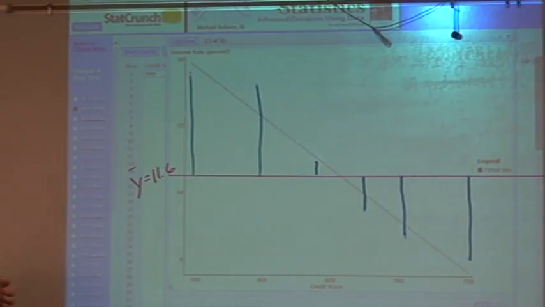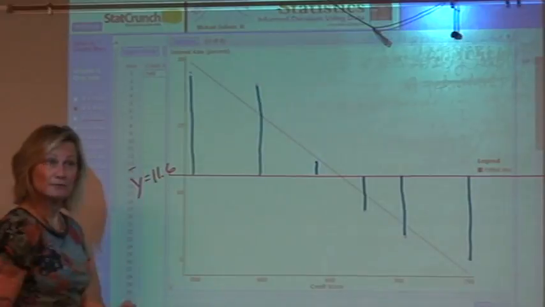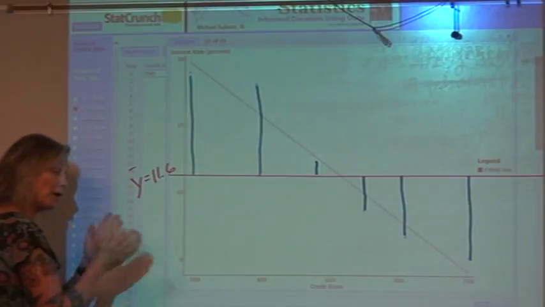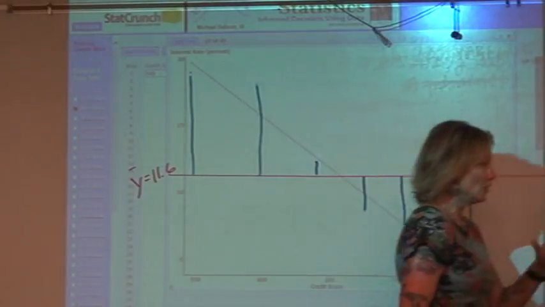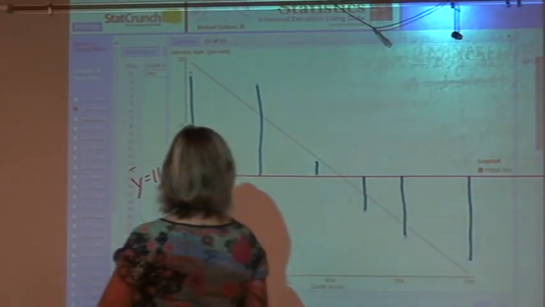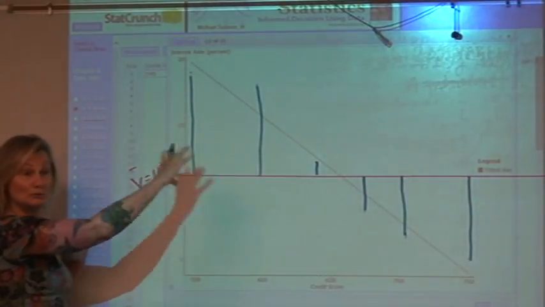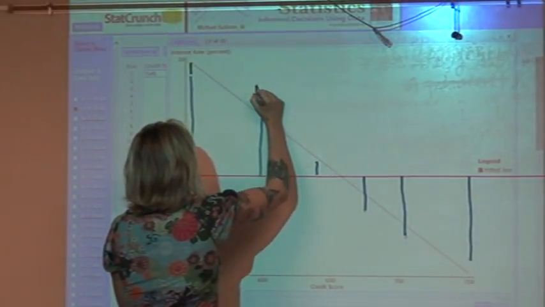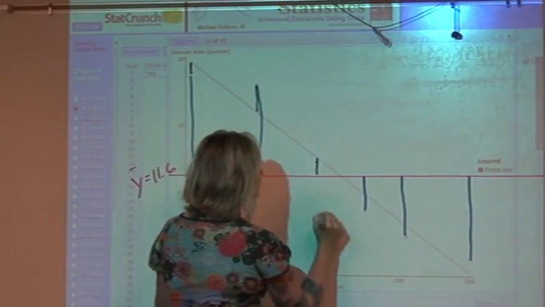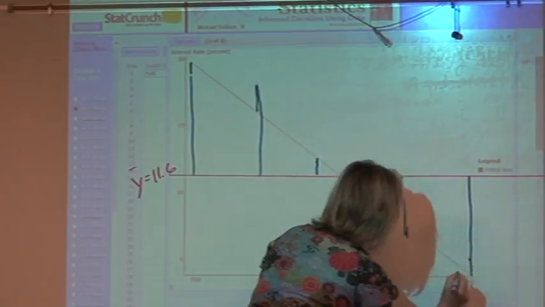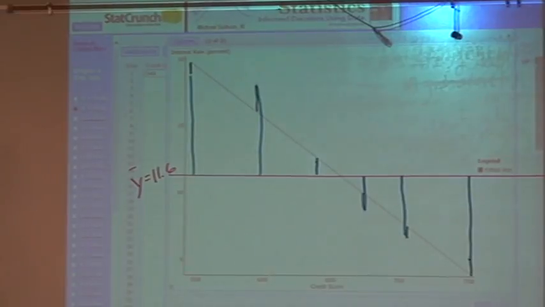But again, we say, well, we want to do better than just using the average. So instead of just gathering interest rates, we gather these ordered pairs, including the person's credit score. So now the error goes from being the total of these blue lines, the distances, to the sum of those black lines.